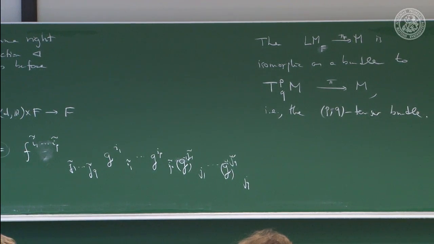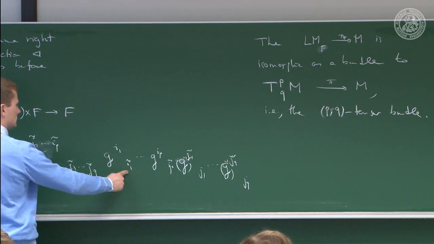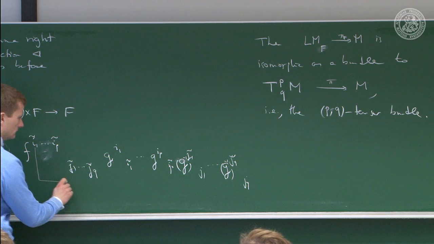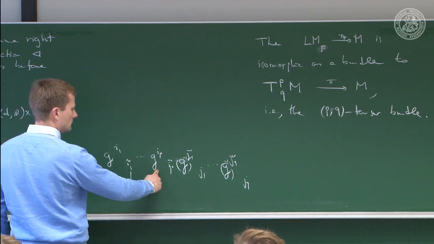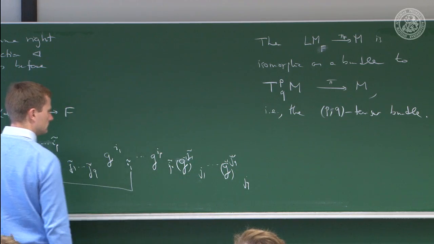I'm a little bit confused with the lower indices of the G. Why are you running them from I? The first G, for instance, has got I1 on the top and I1 twiddle on the bottom, right? Mm-hmm. And then the second G has J1 twiddle on the bottom and here IP on the top, right?